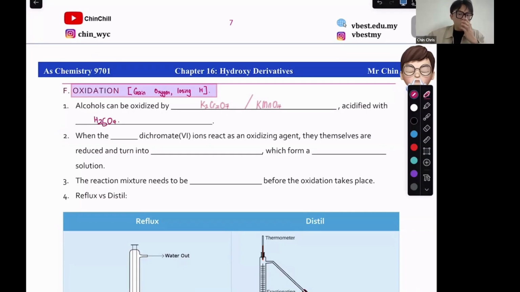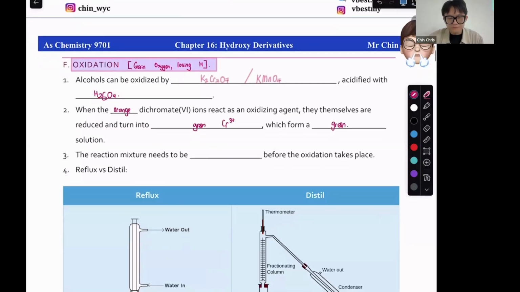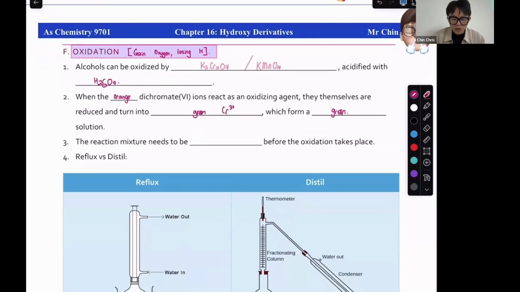Alright guys, next. If you use dichromate, an orange dichromate, it's going to turn green. And the solution turns green. And guys, the reaction mixture has to be heated first.